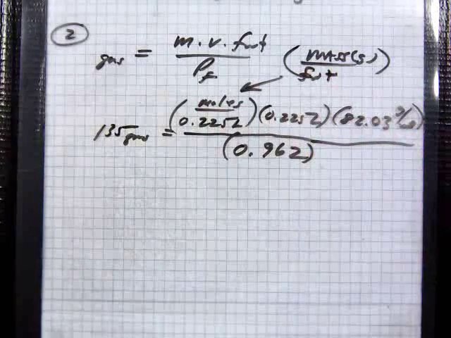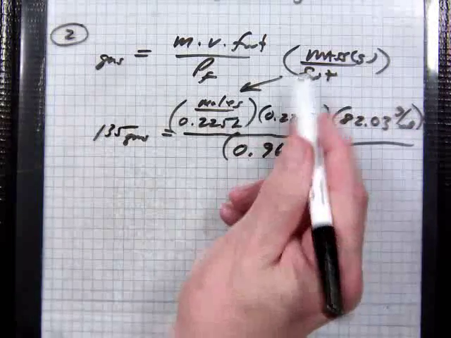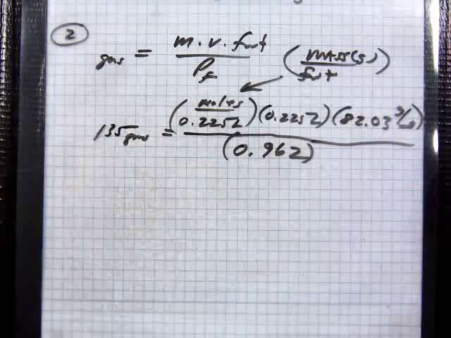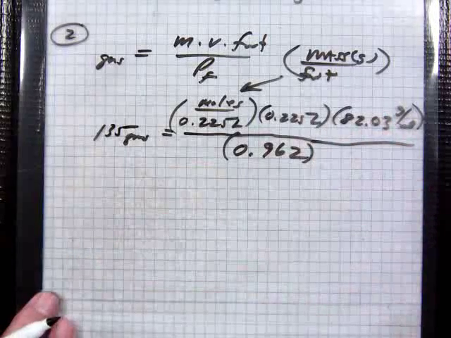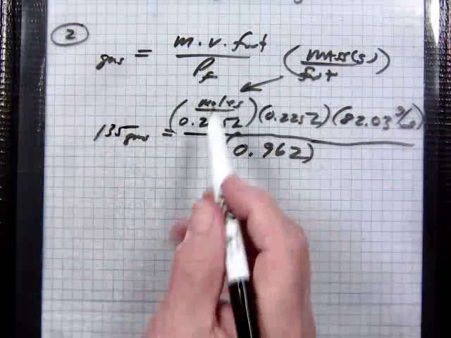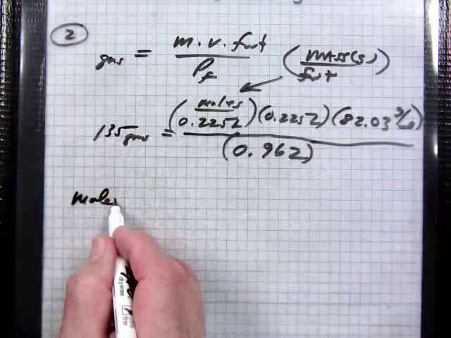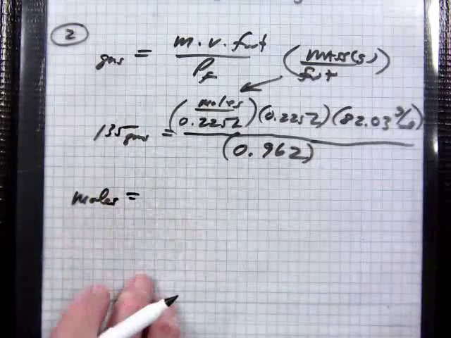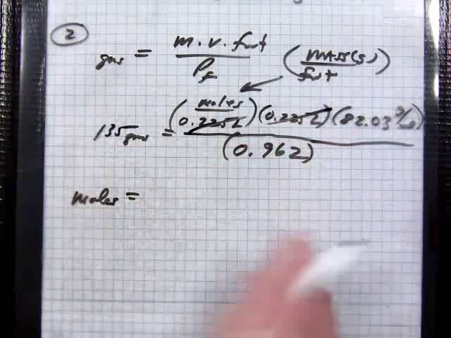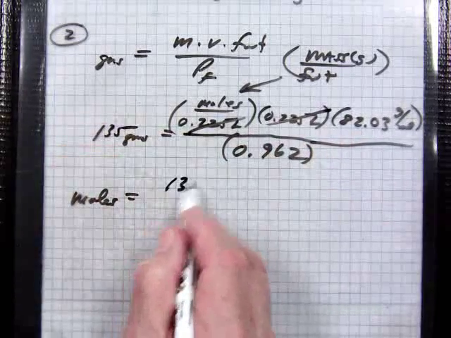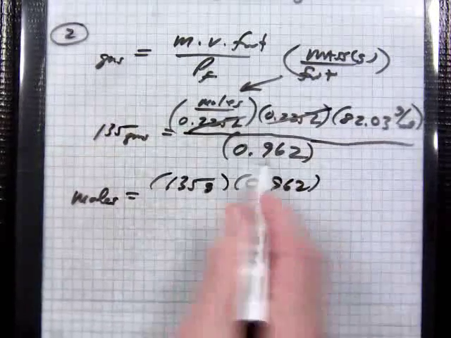So it's kind of an intuitive problem where you have to substitute some stuff together to make things fit. I'm going to solve this out for moles first. So moles is equal to product divided by all that other stuff. This will cancel. So that would be 135 grams times 0.962. So those two go together.